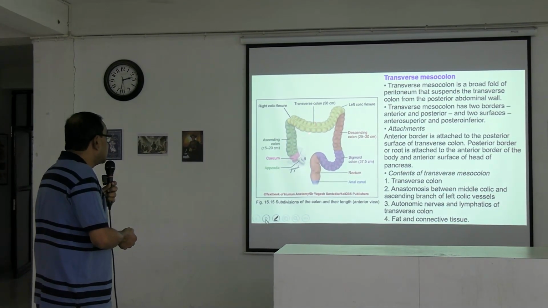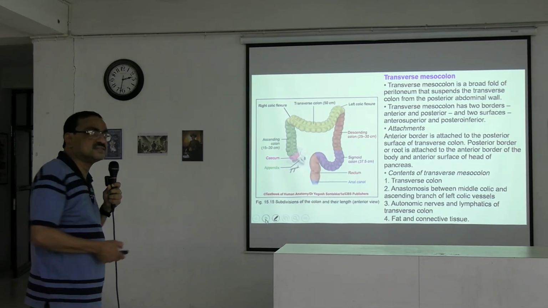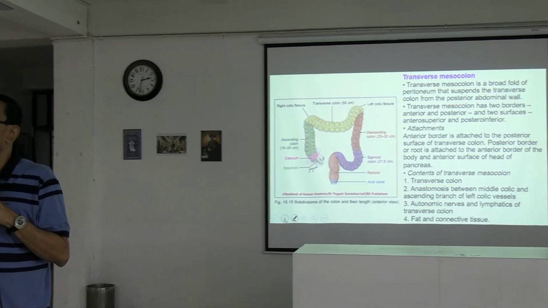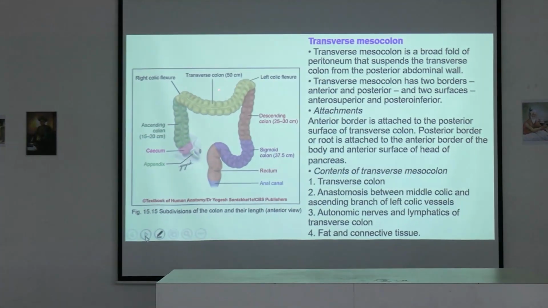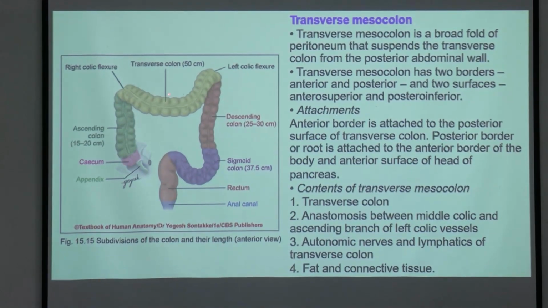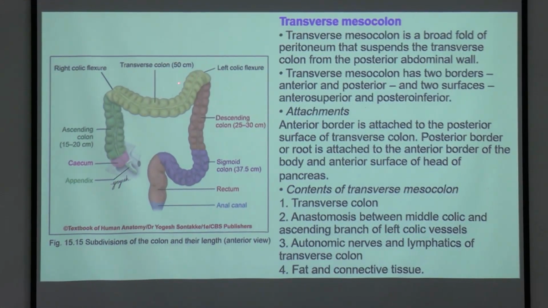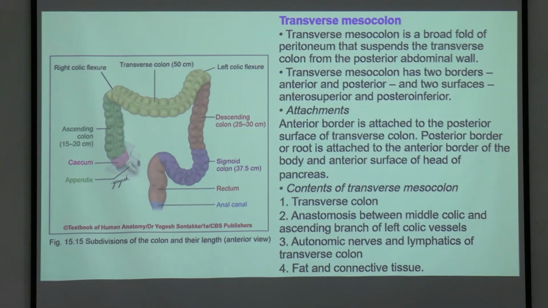This middle colic artery divides into right and left branches, and these branches move along this fold of peritoneum, the mesocolon. So we can find the anastomosis between the right and left middle colic arteries.